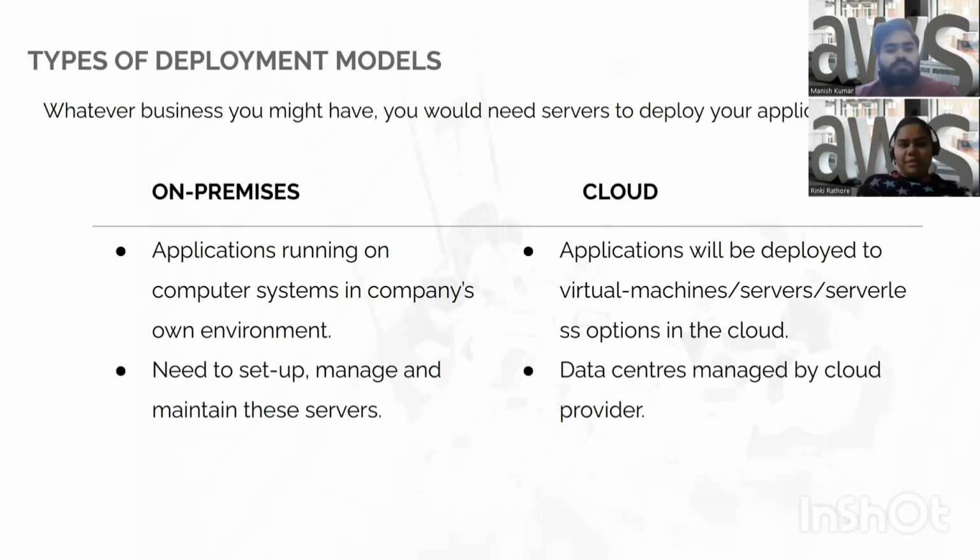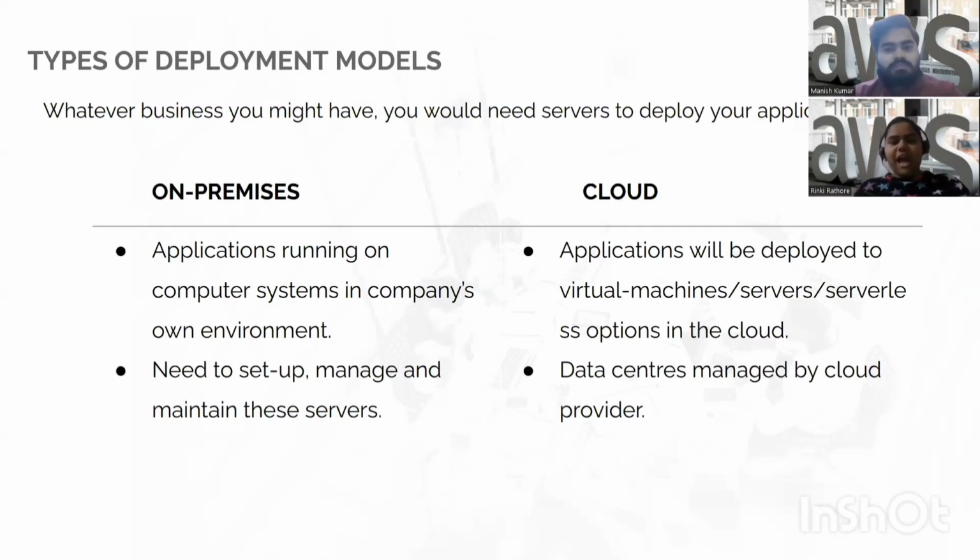First is the on-premise. On-premise means a company is using its own environment, like it has computer systems installed in a separate building. They have bought a separate building, and in that building they have brought all the infrastructure. By infrastructure, I mean everything, starting from all the physical machines, the storage devices, your networking, your power supply, your CPU.